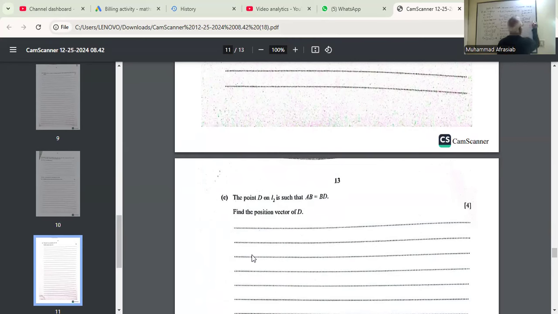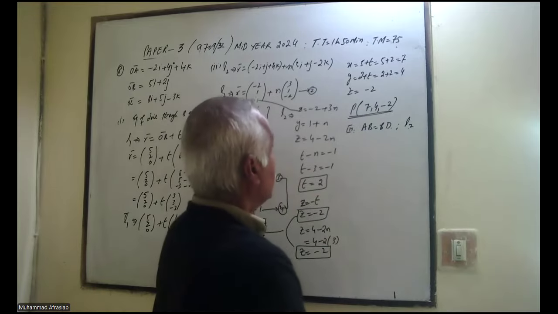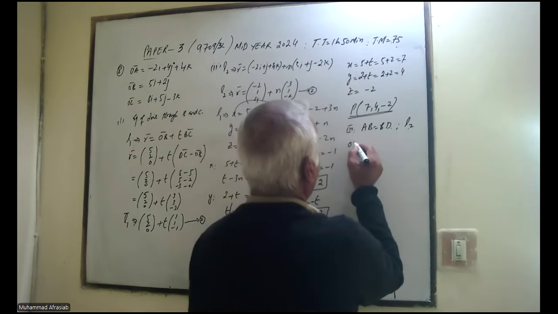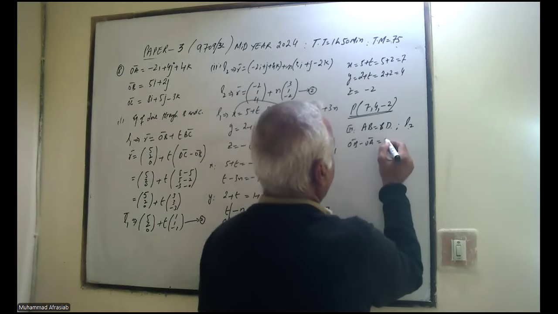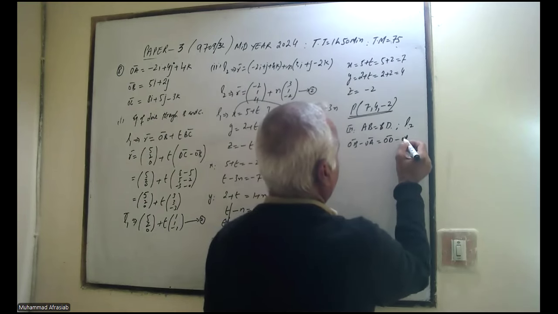That is for the line L2 there. And you are going to find out the coordinates of the position vector of D. Since AB is OB minus OA, which is equal to BD, that is OD minus OB.